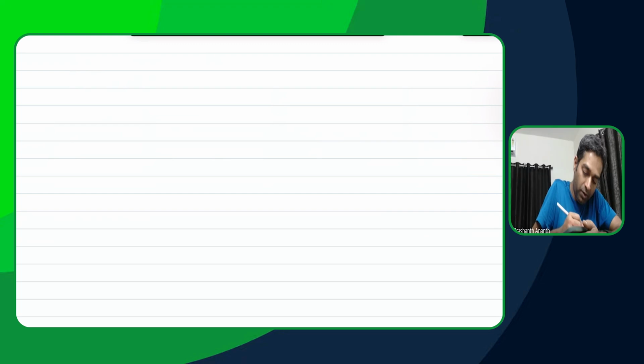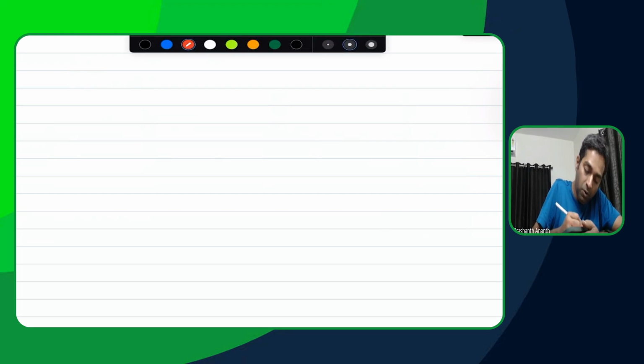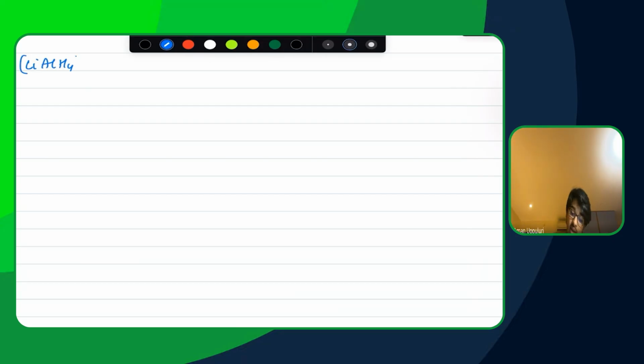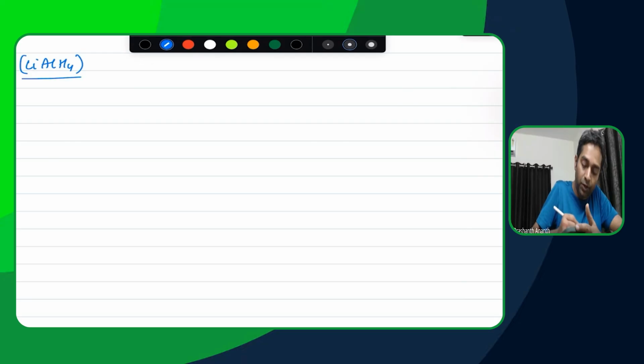Okay. When we say actually working, what do you mean? What is the exact doubt here? He gave us the mechanism, and that is fine, but... See, LiAlH4 here is actually a mixture of lithium hydride and AlH3.